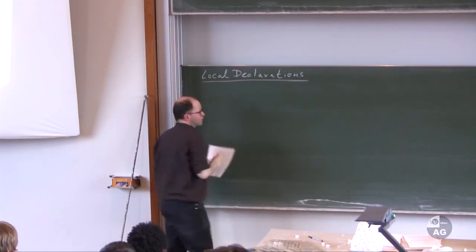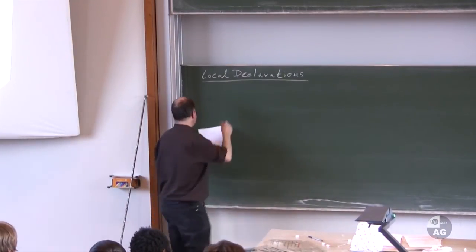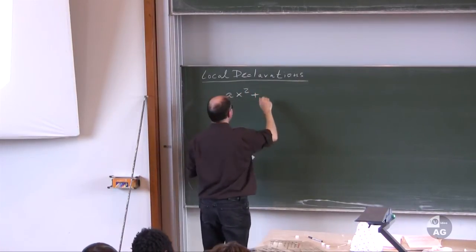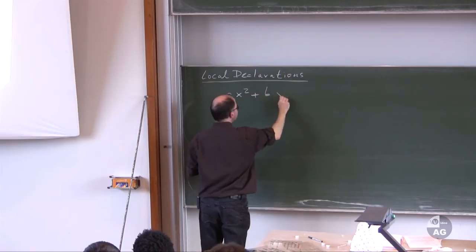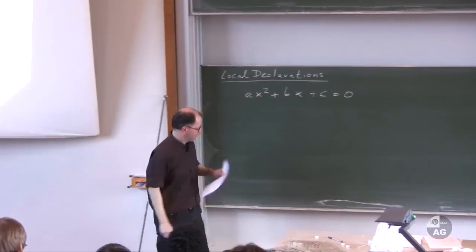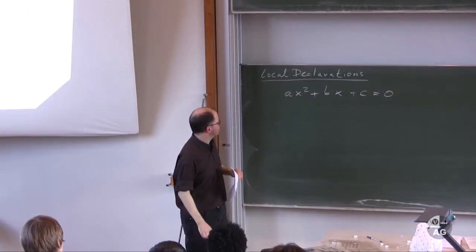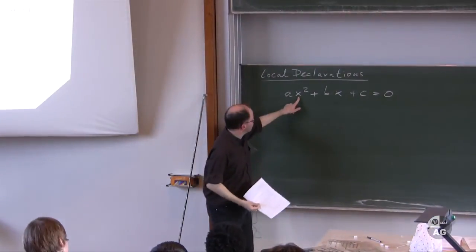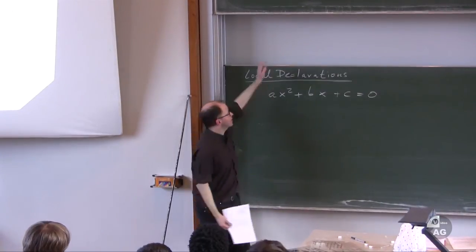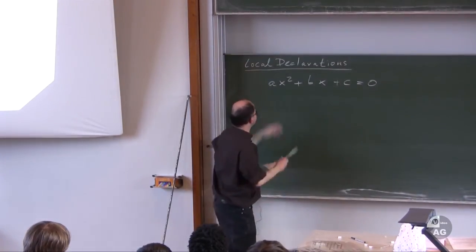To illustrate this, let's look at an example. Let's try to solve quadratic equations. So our goal is we have a quadratic equation like this: a x squared plus b x plus c equals 0, where a, b, c are rational numbers. And the question is, what are the values for x such that this equation holds? Now in high school you learned how to solve this.